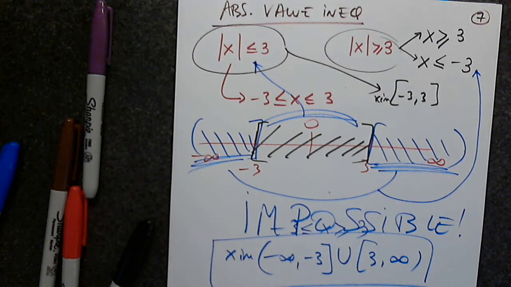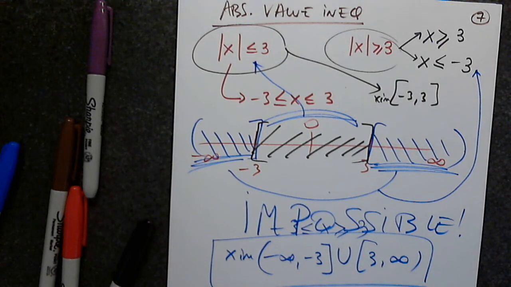That's true. It's or. -3 is less than or equal to -3. That's true. As long as one of them is correct, it's true. Right? -3 is less than or equal to -3.